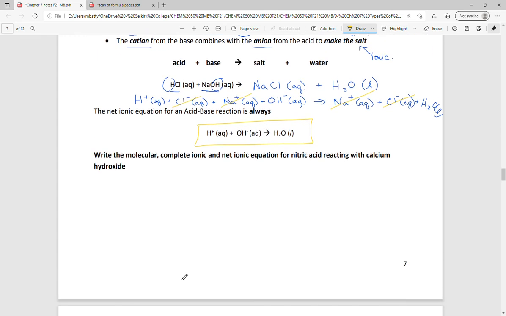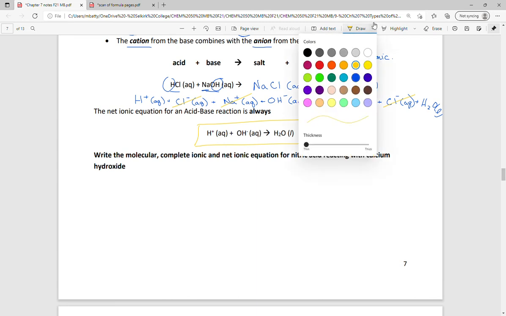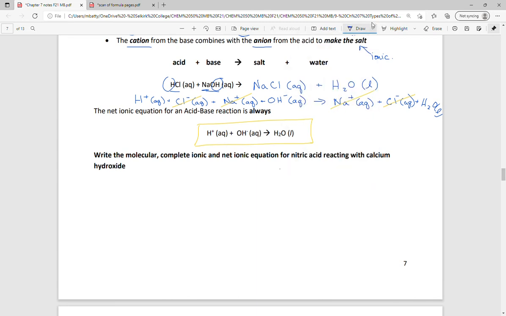So here we have one for us to do on our own. We're going to go all the way with this. We're going to go through the molecular equation, the complete ionic equation, and the net ionic equation. And spoiler, that's going to be your net ionic equation. So we've got nitric acid reacting with calcium hydroxide. Again, these are aqueous solutions. So HNO3 and calcium hydroxide.